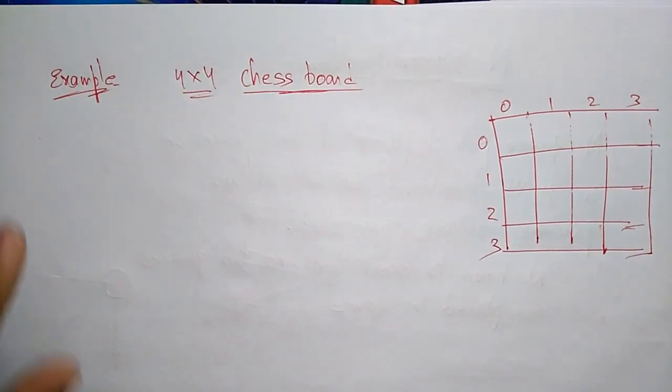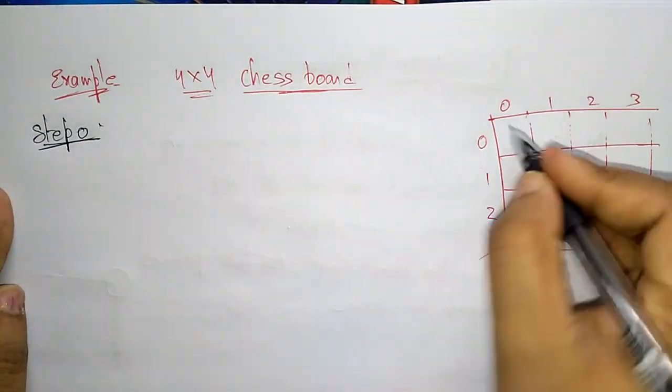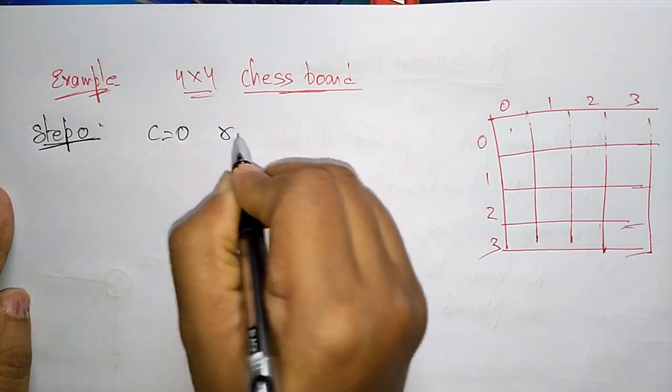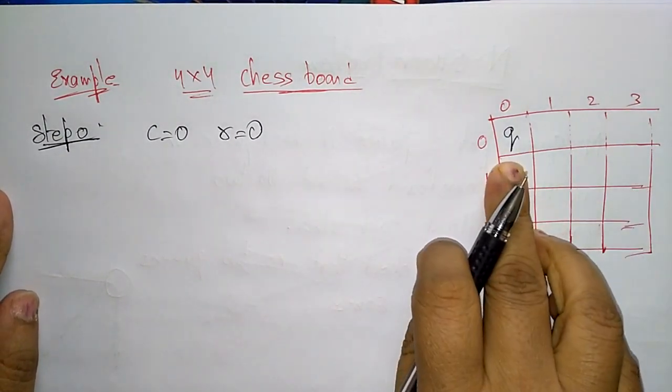The first step is step 0. Here the column is 0 and the row is 0. Now I am placing the Q here. Why am I placing Q here?